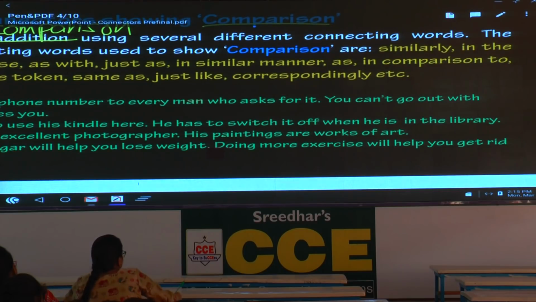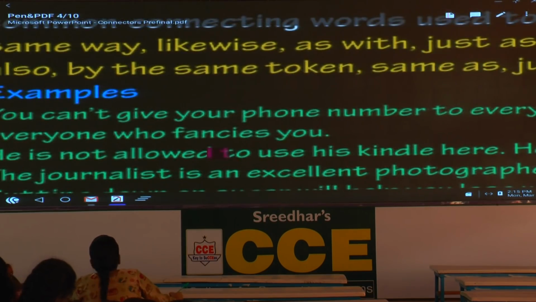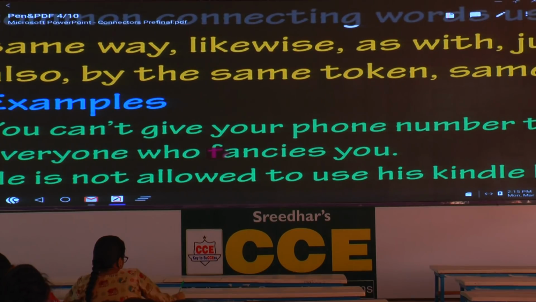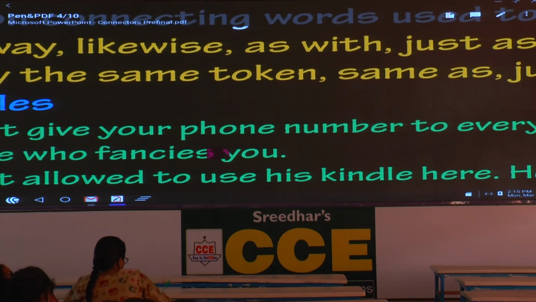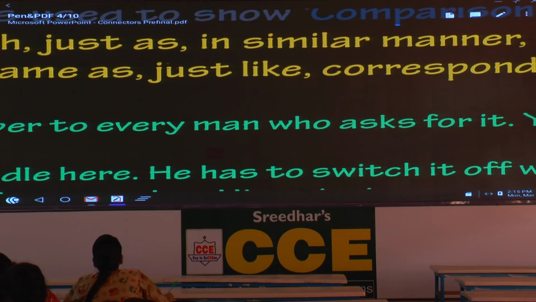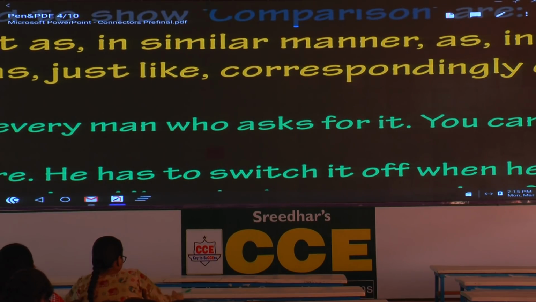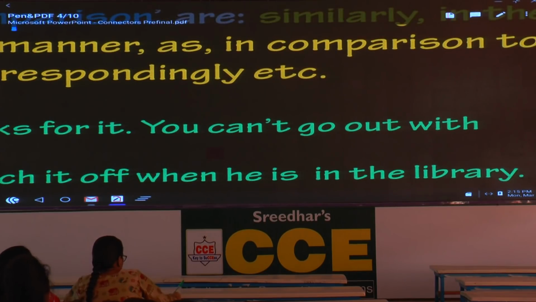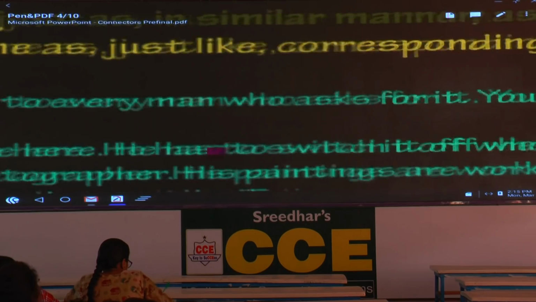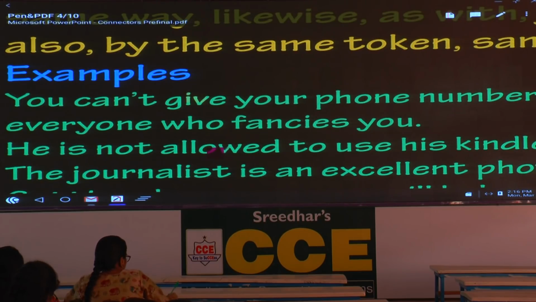Similarly, in the same way, likewise, as with, just as, in similar manner, in comparison to, also, by the same token.